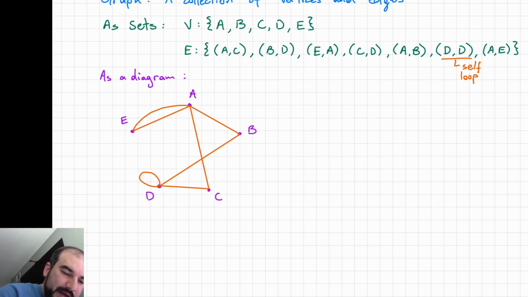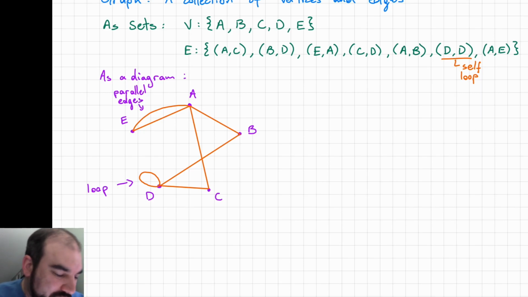Notation-wise, this is called a loop in the diagram on D, and these edges here, where I have two edges connecting A and E, are called parallel edges. Right, so some terminology there. Parallel edges and loop is what we've defined there.